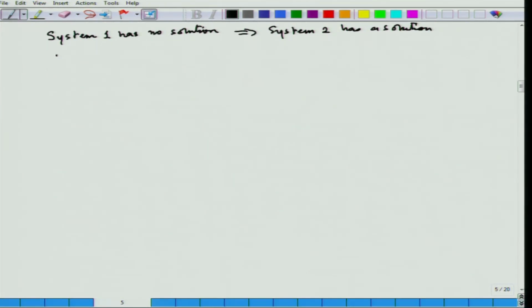This is equivalent, because if a statement P implies a statement Q, the negative of the statement Q implies the negative of the statement P. So, system 2 has no solution implies system 1 has a solution.